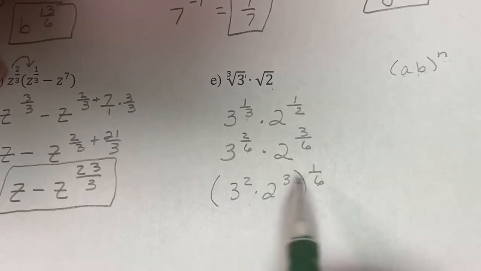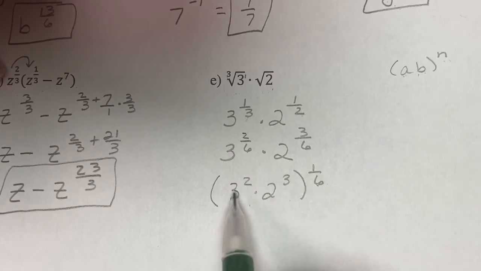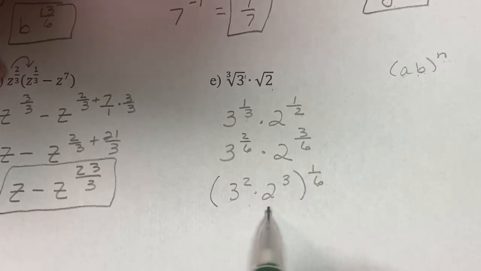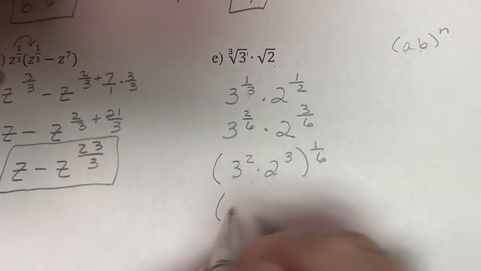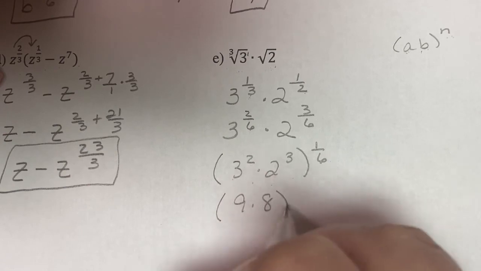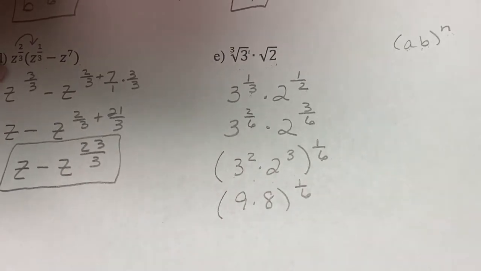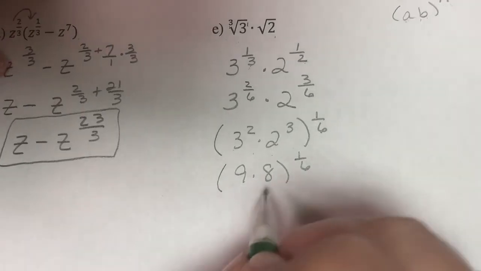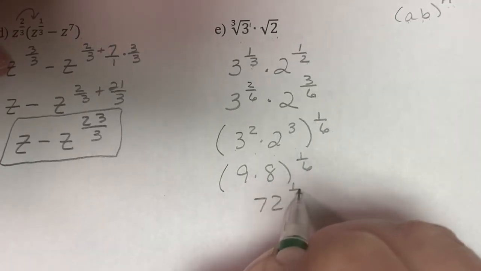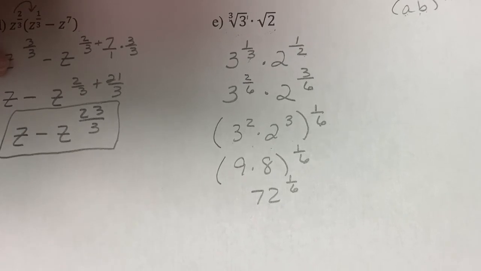If I multiply these exponents, this would be 3 to the 2/6 times 2 to the 3/6. I just did it backwards. Well, now look what I have. I have 9 times 8 to the 1/6 power, because 3 squared and 2 cubed. Well, 9 times 8 is 72 to the 1/6 power.